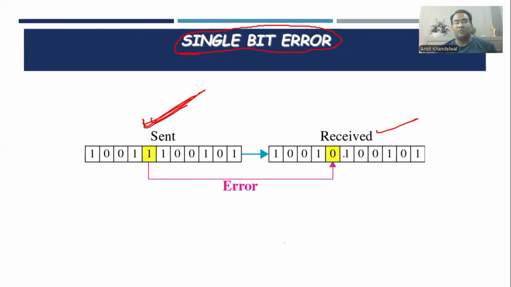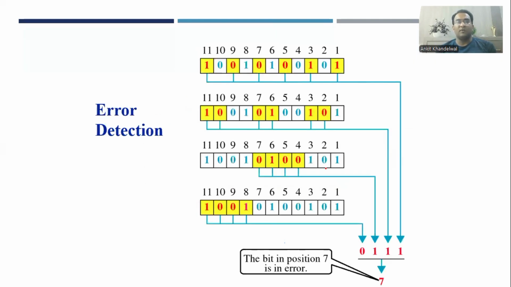So we are going to again see how to find out this particular thing. So look over here. These are the 11 bits. These are the received bits. Okay. So the received bits are 10010100101 there.